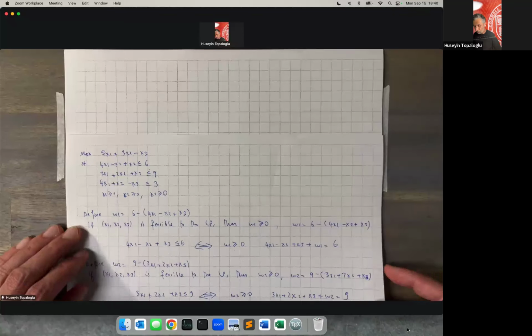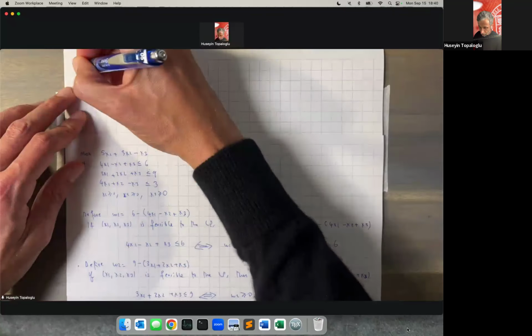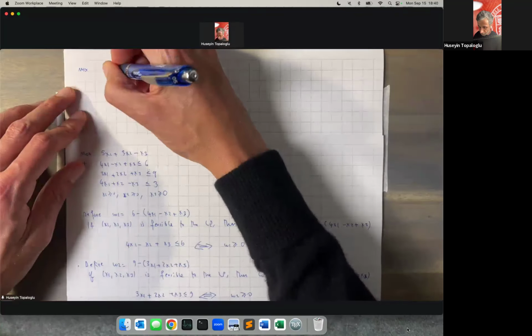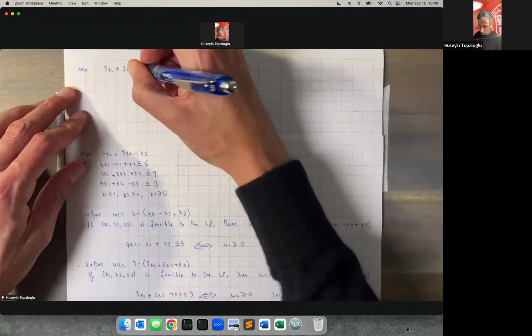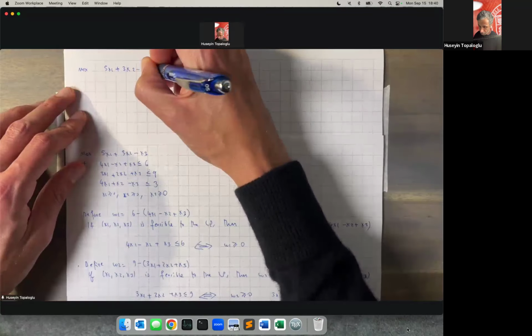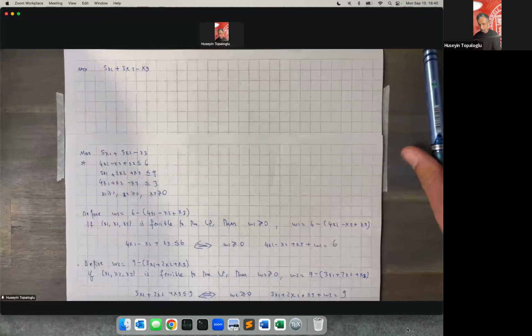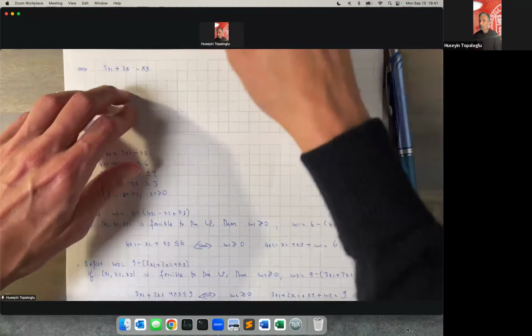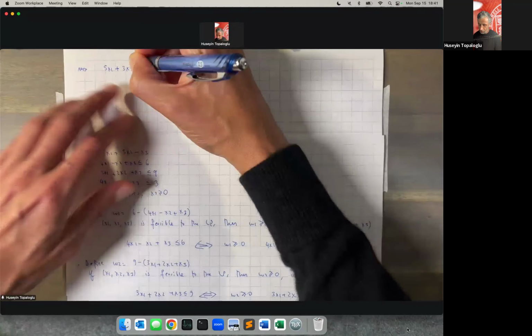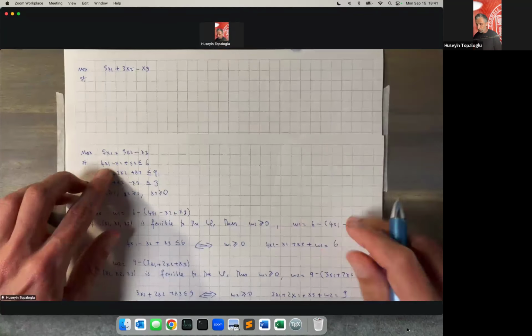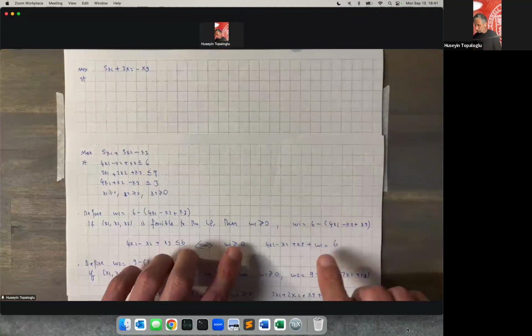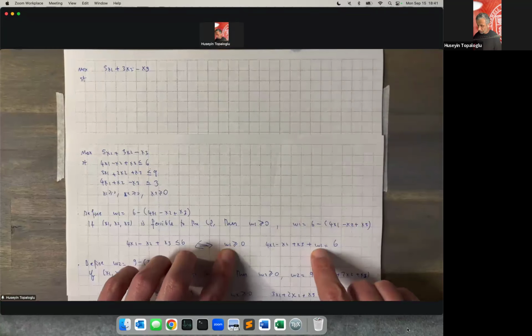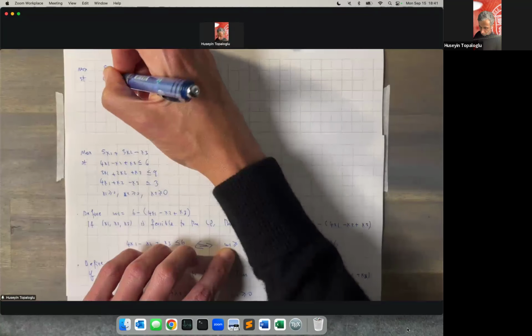So then we can write our linear program as a linear program with all equality constraints. Keep the objective function as it is. And instead of the first inequality constraint, I'm going to use this equality constraint and non-negativity on W1.